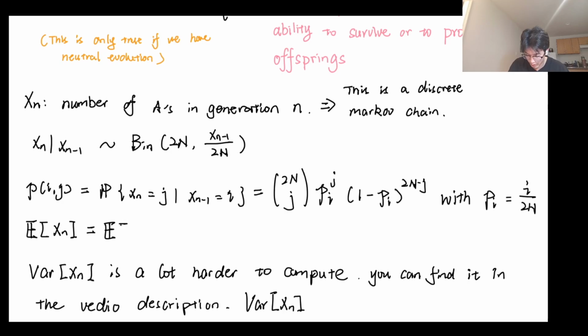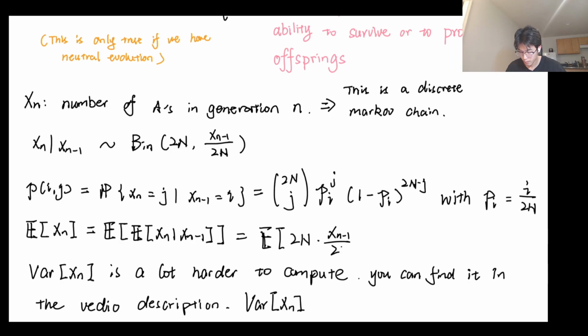It equals the expected value of the expectation of xn given xn minus 1. And you know what the expectation of xn given xn minus 1 is. It's a binomial distribution, and it is 2n times xn minus 1 over 2n. This is n times pi.